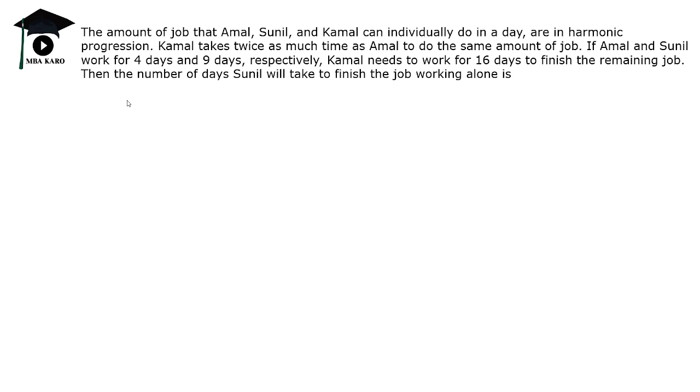Okay, so this is a question that involves the concept of harmonic progressions. The efficiency is given in harmonic progression. Time is 1 upon efficiency, so time will be in arithmetic progression. We have Amal, Sunil, and Kamal.